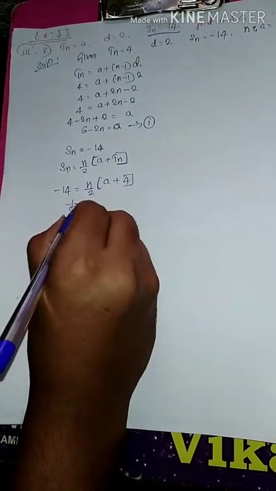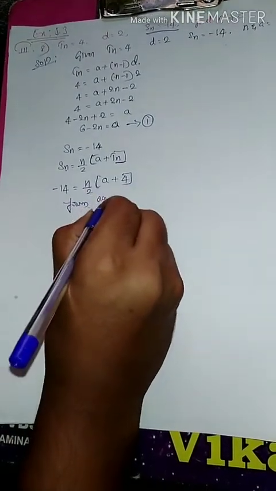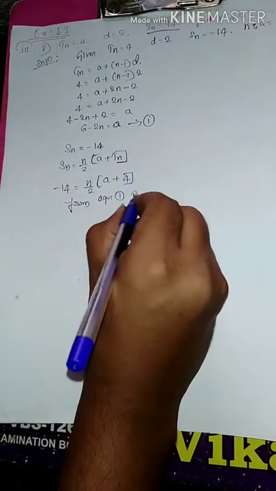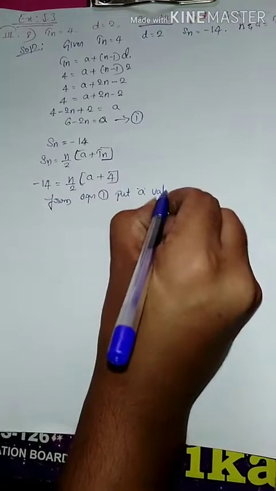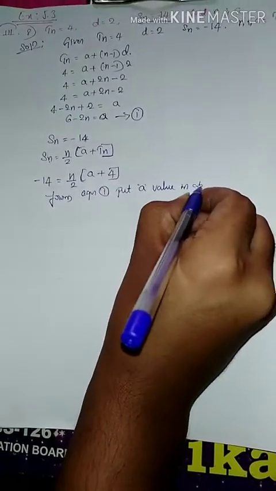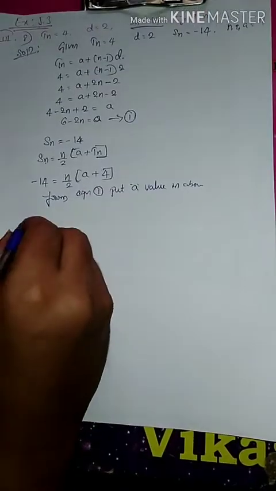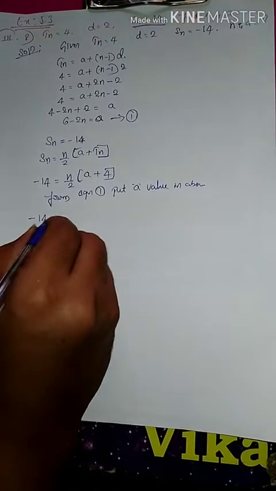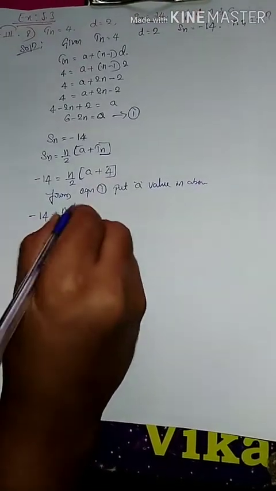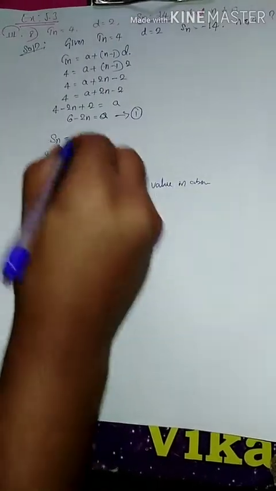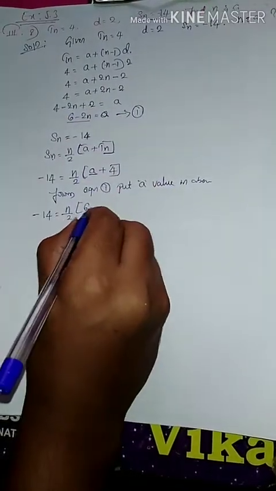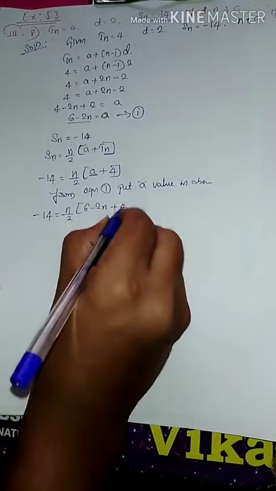From equation number 1, put the a value in the above equation. So the above equation becomes minus 14 is equal to n by 2 into (a plus 4), where a is 6 minus 2n. So in place of a, we write 6 minus 2n, plus 4.